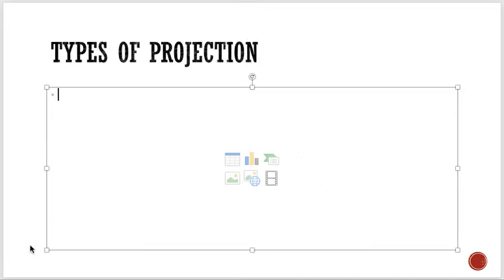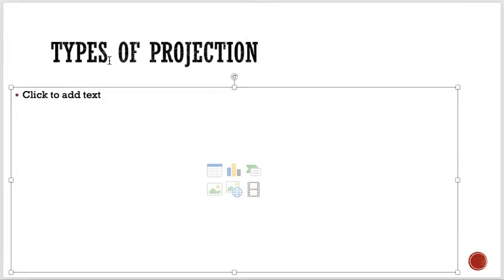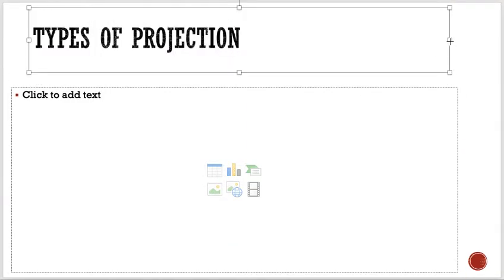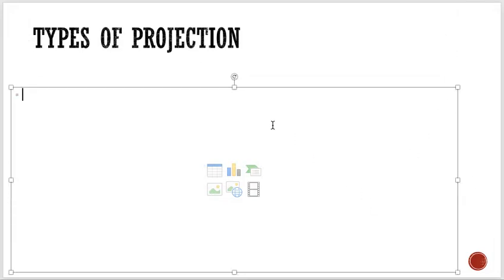One is called posterior anterior, which we call PA.